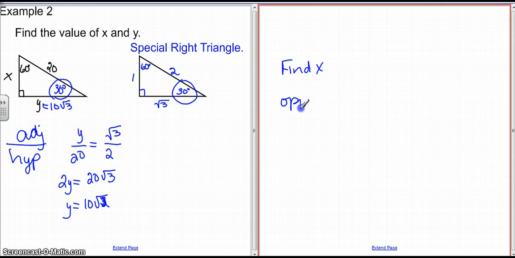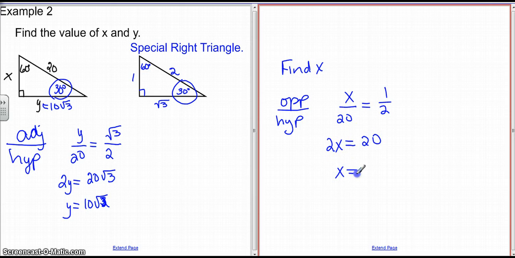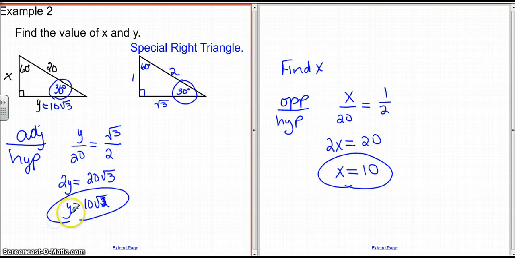I'm going to use the similar triangles. So opposite the 30 degrees is x over the hypotenuse is 20 is equal to, now in this triangle, opposite would be 1, hypotenuse is 2. So once again, with the product of the means equals product of the extremes, x is equal to 10. So I found both x and y.